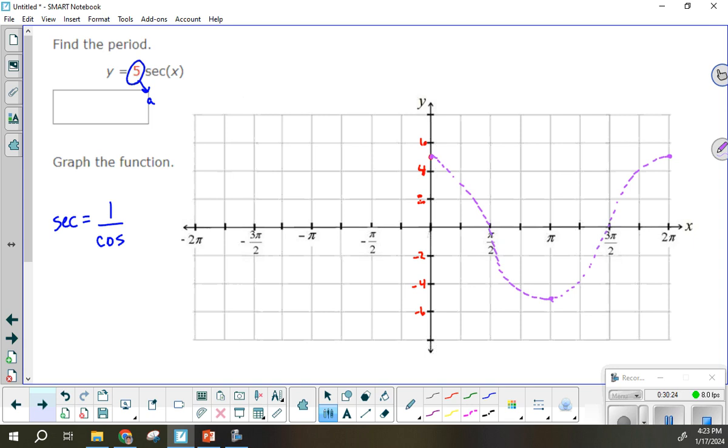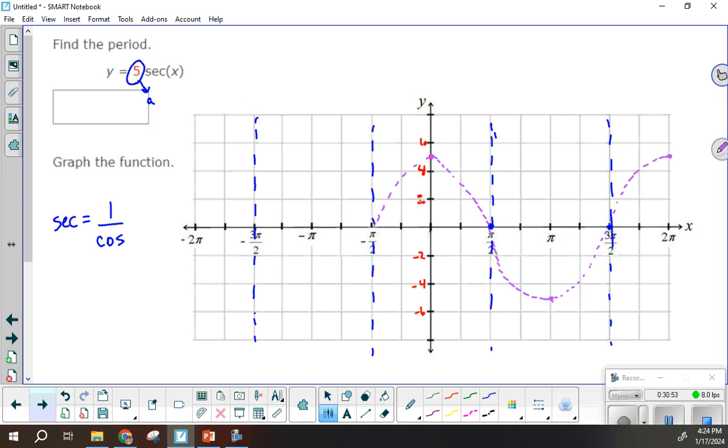Now again, this is where you're going to have asymptotes. Your asymptotes are once again wherever your cosine function is 0. So here's an asymptote. Here's an asymptote. If you wanted to continue it on the other side, it would be here. It would be there. All of those are asymptotes. You could continue this on both sides of the y-axis.